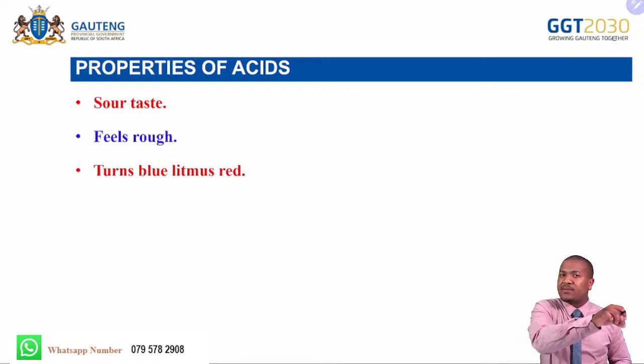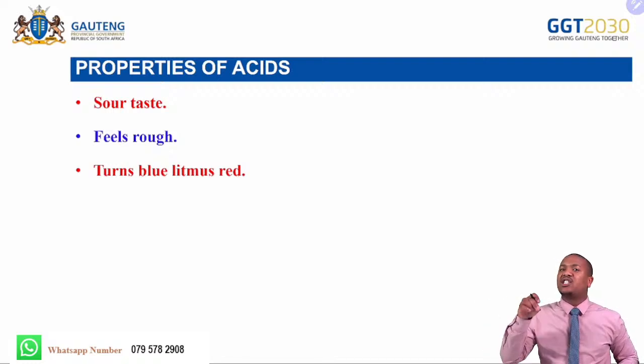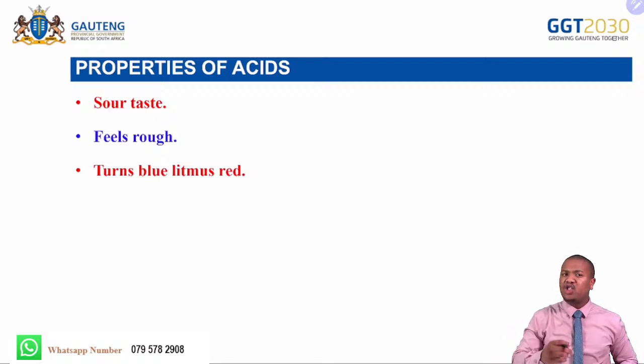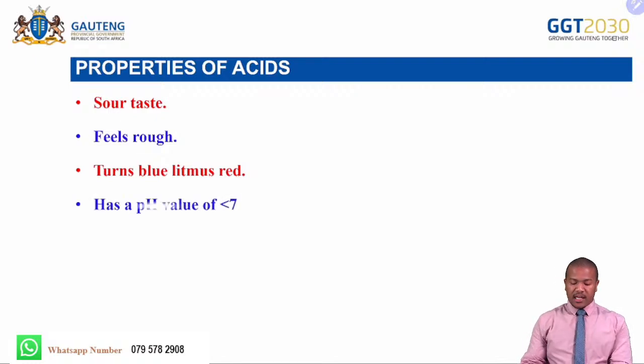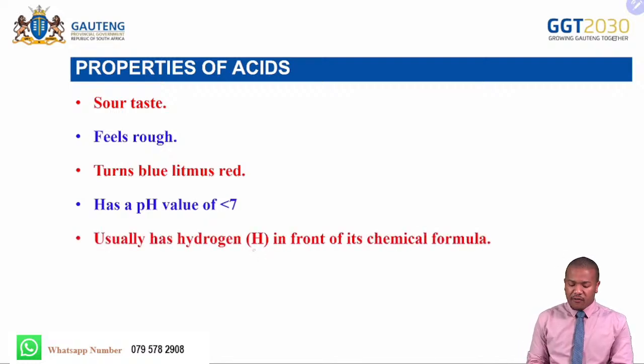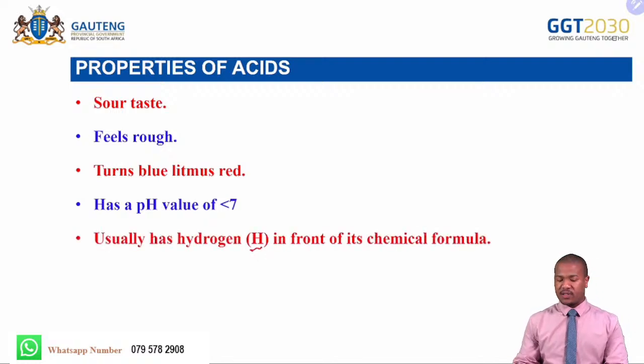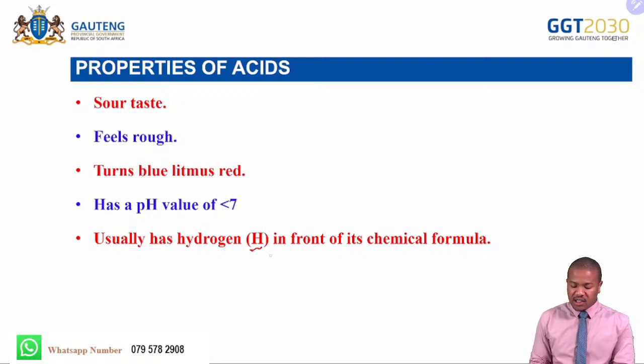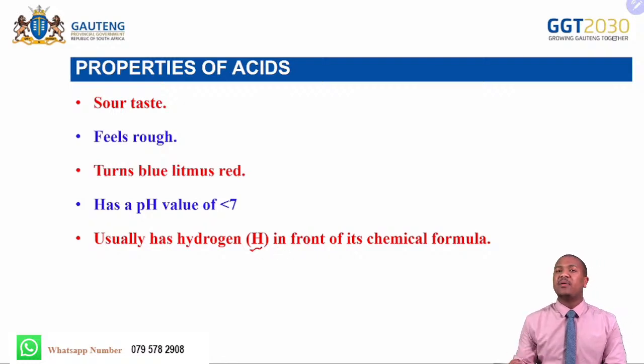When certain substances are acidic, they turn the blue litmus paper into a red color, right? Also, they have a pH of lower than 7. Not only that, they have excess hydrogen ions, right? And it usually has hydrogen in front of its chemical formula.